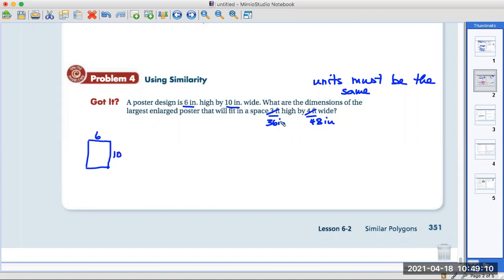But now we got this enlarged poster space. And it is, man, I can't even draw this good. Trying to make straight lines. It is 36 by 48.